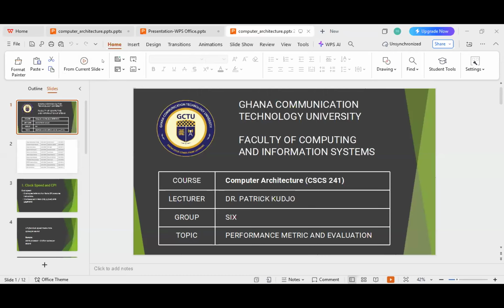The screen is on. Please share your screen so that I'll do it over here. Time is going. At least from group 1 by now, everybody should be ready.